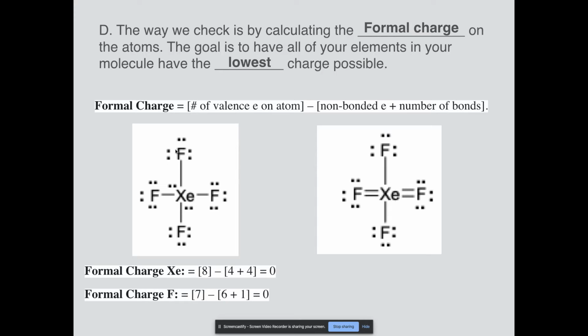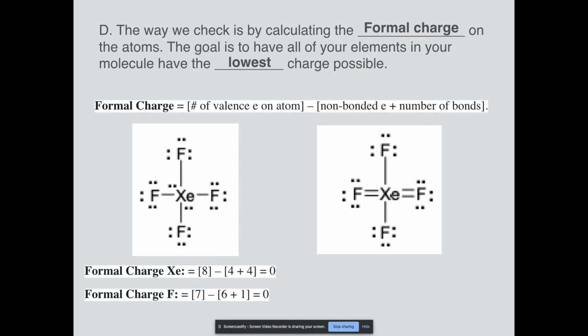Fluorine is in the halogen group, its number is 7 for valence electrons. We're counting valence electrons. So I have 1, 2, 3, 4, 5, 6 non-bonded ones, plus 1 bond. That means that the fluorines all have a charge of 0. So this has a formal charge of 0, this has a formal charge of 0, and all of the other fluorines do. So this means this is totally stable.